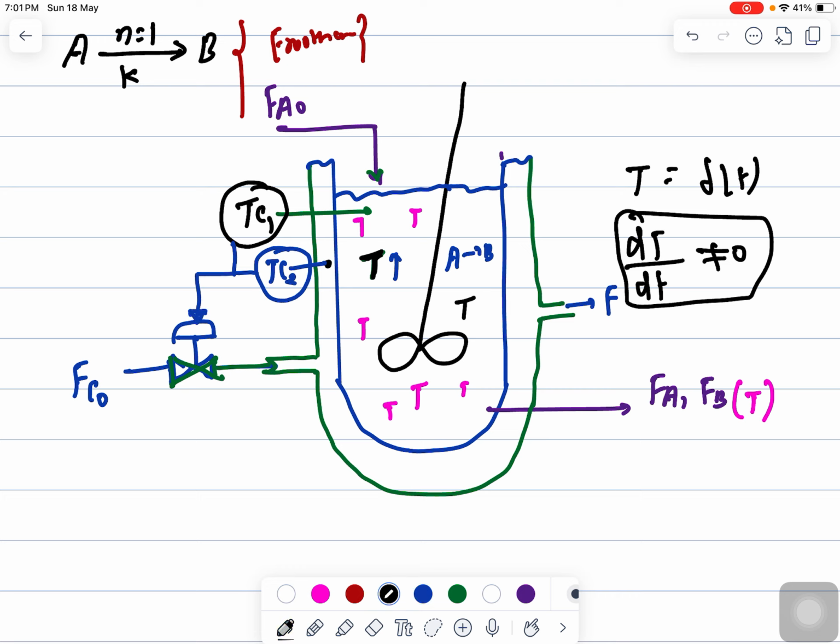So let's say if the temperature is increased more than the desired temperature of the reaction, what will happen? This temperature controller will give a signal to this TC2, and it will get compared at this particular point. In a future lecture I'll tell you how these things get regulated, and based on the reaction temperature requirement, it will open and close the valve in such a way that the product yield can be optimized, so that this flow rate will be getting changed, right? This is how this system is getting controlled.